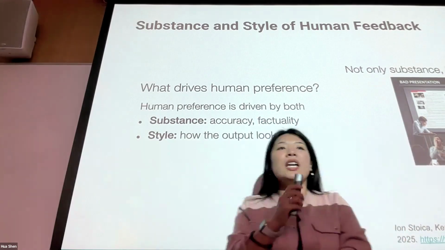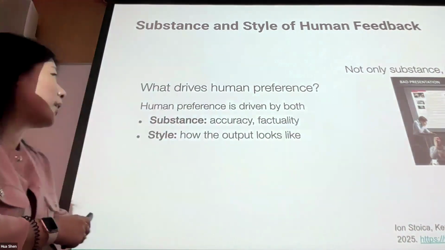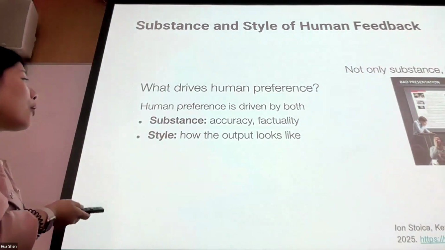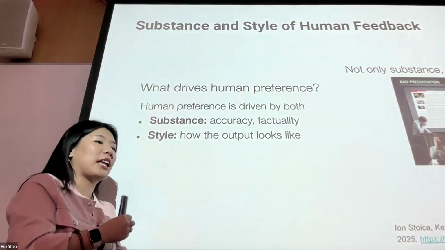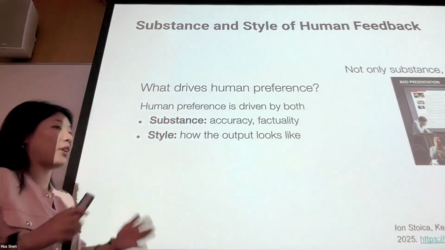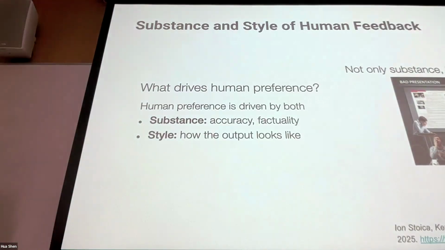Similarly for the model, showing the data in a very professional, clear, clarified way versus showing it in a way the model couldn't understand at all means very different things. So the style of the model and the formats of the data that you're showing to the model also matter a lot.